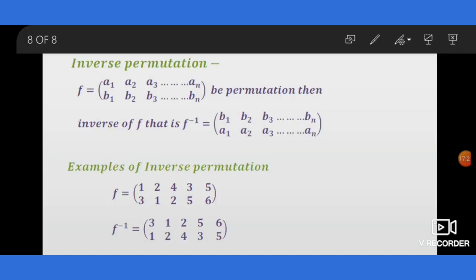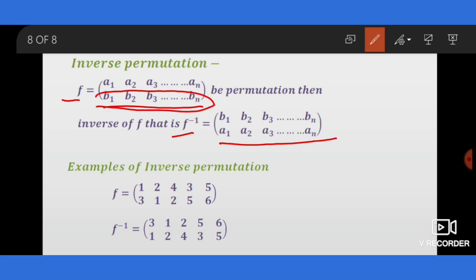Inverse permutation. Permutation f equal to this. Let it be a permutation, then the inverse of f, that is f inverse, is this. Now the second row is replaced by the first row of the permutation f.